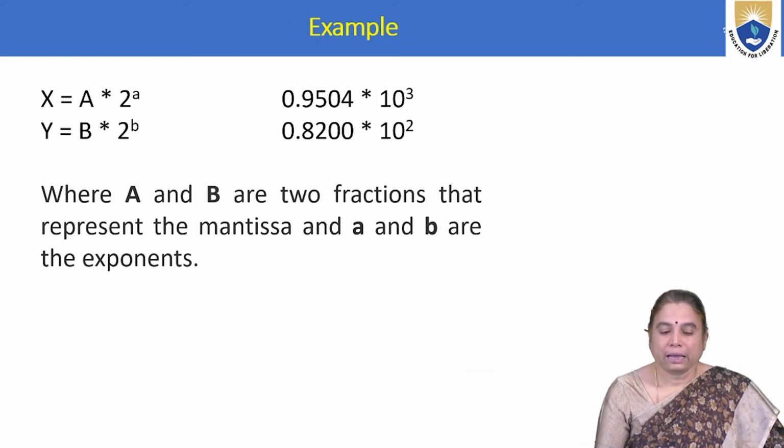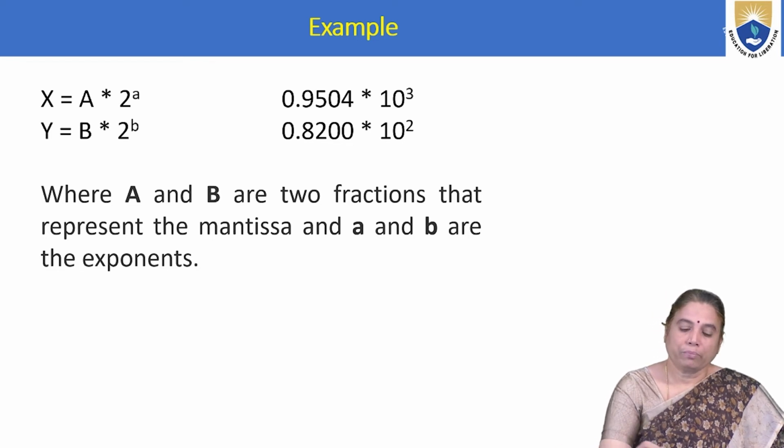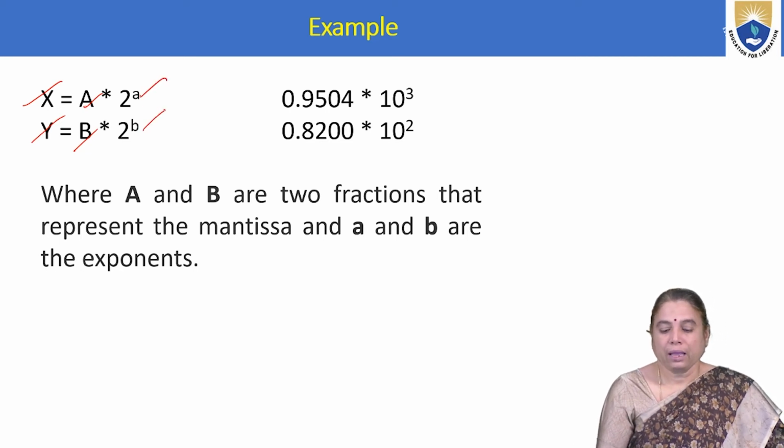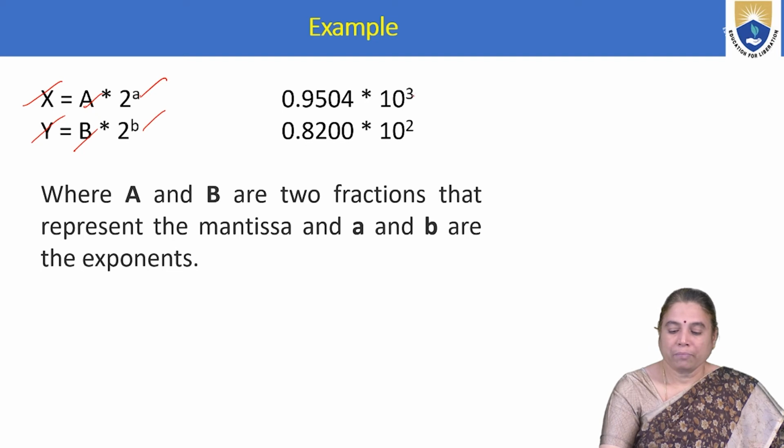Now consider an example where two numbers x and y are represented with the mantissas capital A and capital B, and small letters a and b representing the exponents. The numbers considered are 0.9505 into 10 power 3, and the second number y is 0.8200 into 10 power 2.